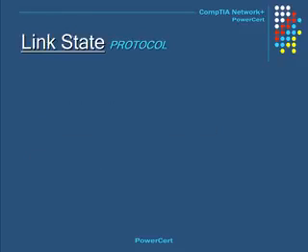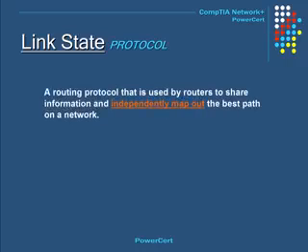In addition to distance vector protocols, there is also link state. Link state is a routing protocol that is used by routers to share information and independently map out the best path on a network. Two examples of link state protocols are OSPF and ISIS.